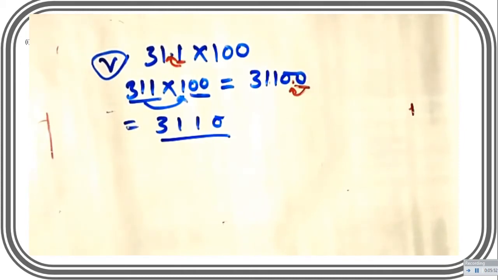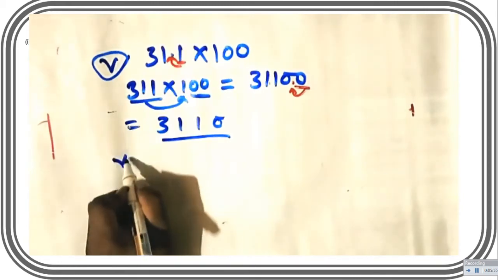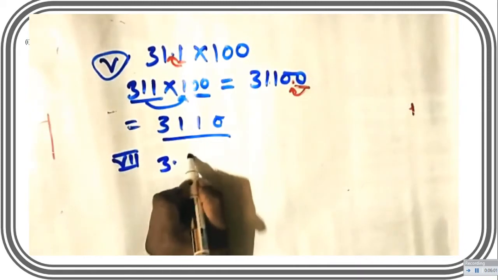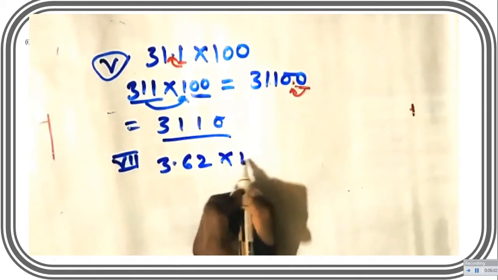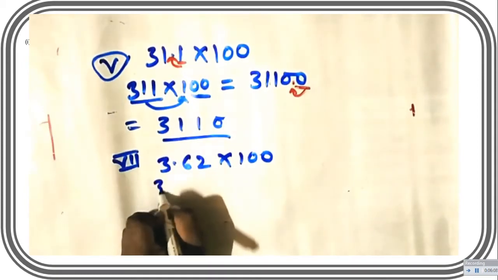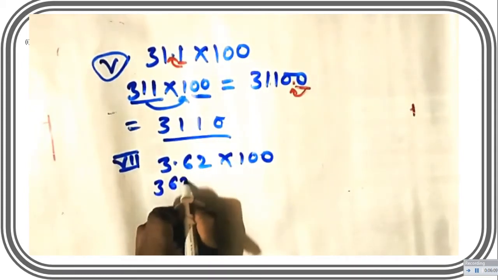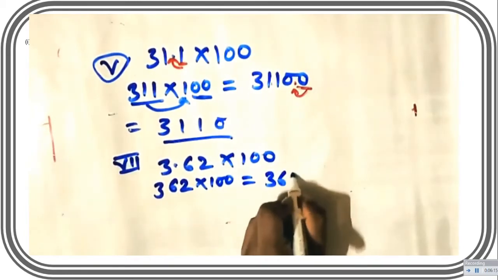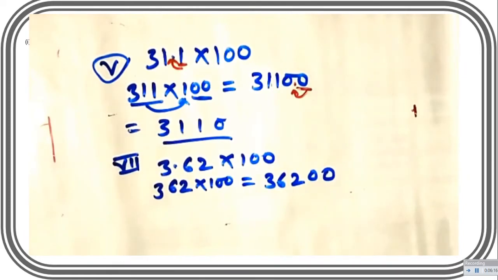Now the 7th part of the same question, 3.62 multiplied by 100. Multiply 362 with 100, you will get 36200. Then it's time for inserting the decimal.